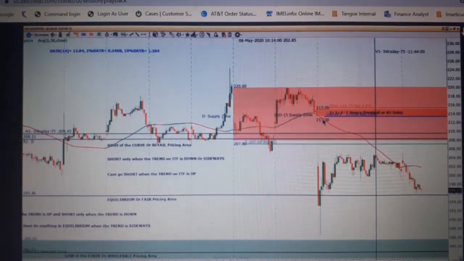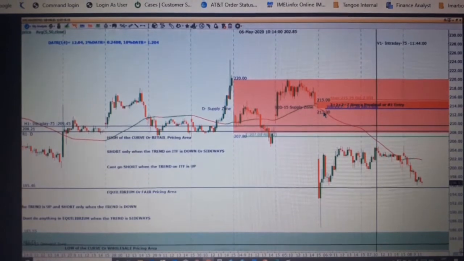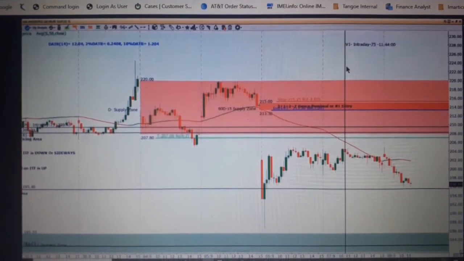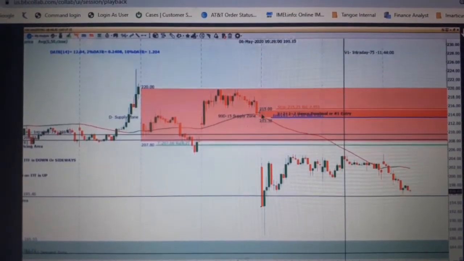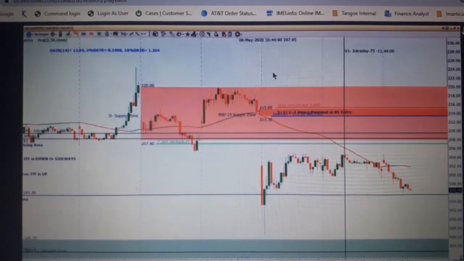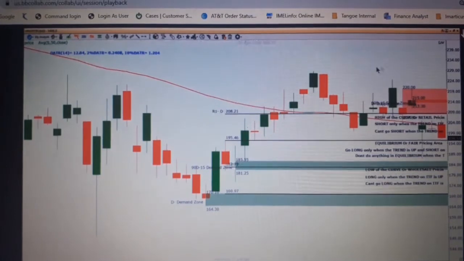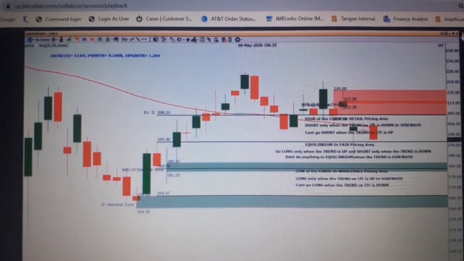One thing I've shown you, Lakshmi, in the very first session, third session I think. One thing remember: people get confused. Once you put your lower time frame supply zone, you go on to the higher time frame and see where your zone is on the curve. What people think is the price.